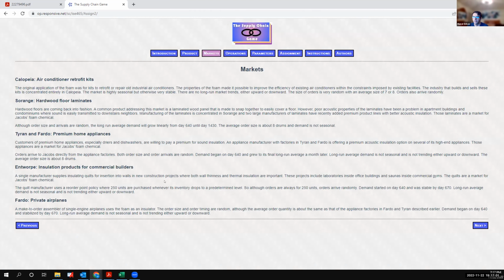Then we have Antwerp. In this case, the manufacturer itself uses a reorder point policy where 250 units are purchased whenever its inventory drops to a predetermined level. And this level is not mentioned, but they always order 250 units.